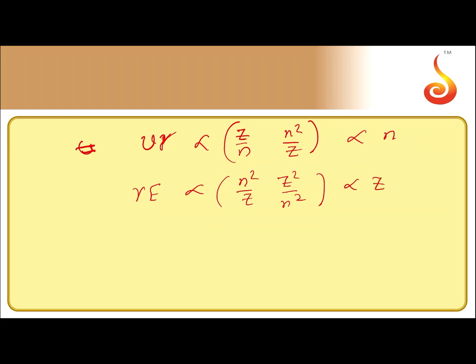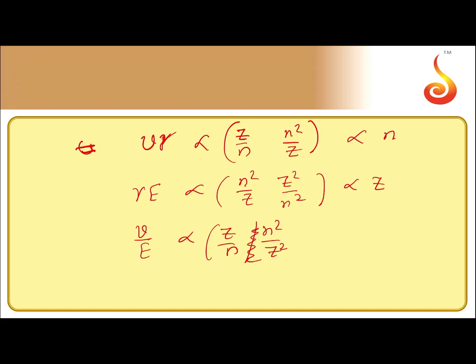Third one, V divided by E. So this is proportional to V, is proportional to Z by N, while E is proportional to Z square by N square. This is divided by this term, remember.